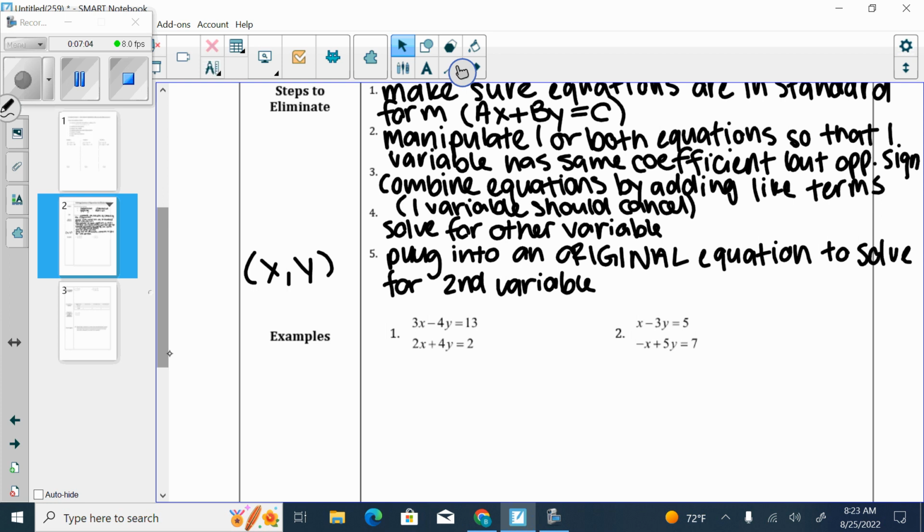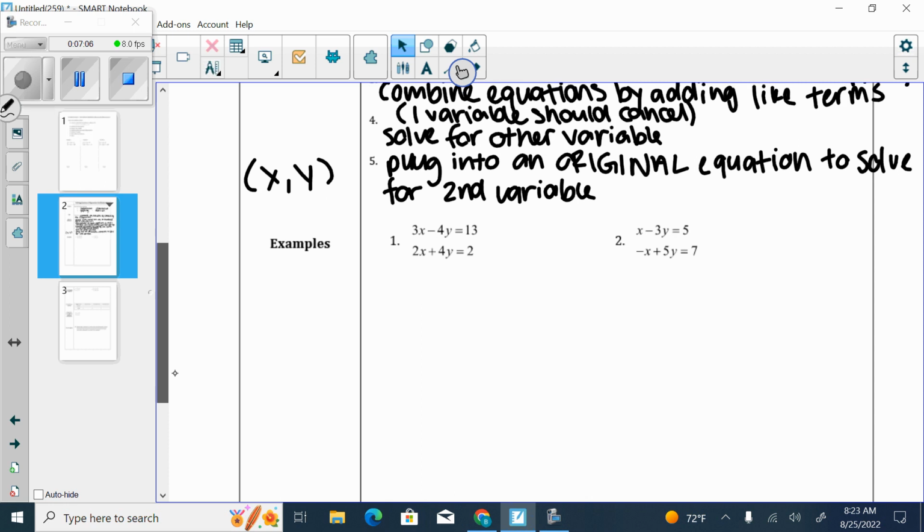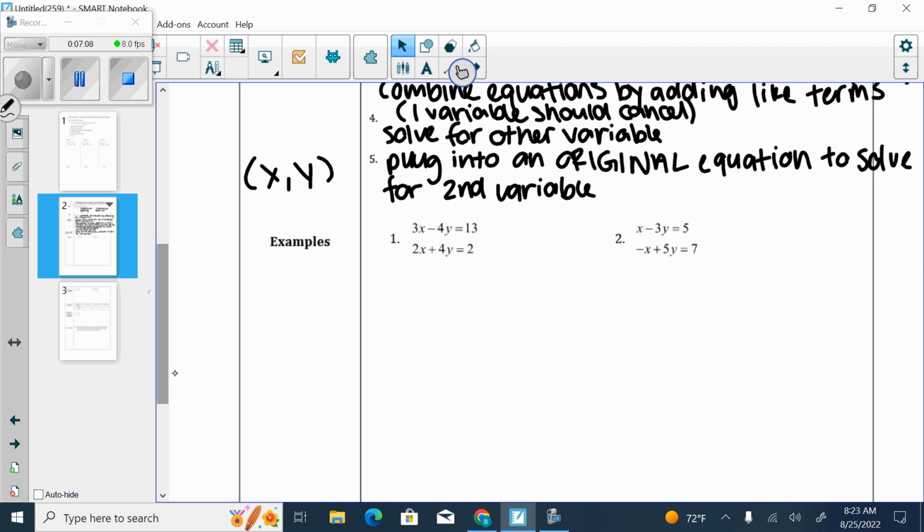Okay, so let's look at some examples here. On number 1, okay, remember, step 1 said we want them written in standard form or we want them lined up. Do we have that here? Yes, we got x's over x's, y's over y's, constants over constants, right?